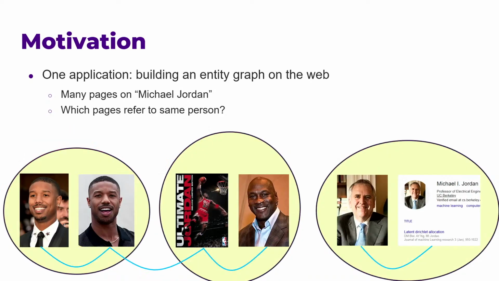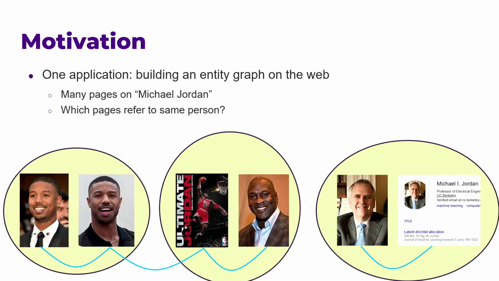We can run our correlation clustering algorithm. Intuitively, this algorithm will group the pages under the same person into one partition. Although there might be some errors, it will ignore these errors. So at the end, we can do this clustering and figure out which pages refer to the same person. That's the motivation for why we care about this problem.